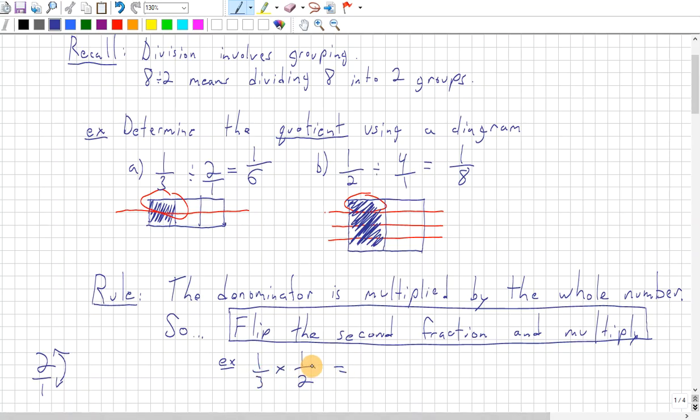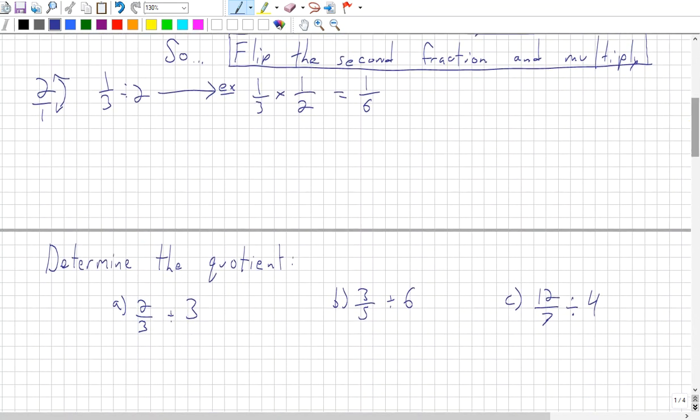So I end up with 1 times 1, which is 1, and 3 times 2, which is 6. So 1/3 divided by 2 became 1/3 times 1/2, which equals 1/6. We're going to go through a lot of examples here, so you'll get this idea. Let's go on to the next bunch of examples, which will make this very clear.